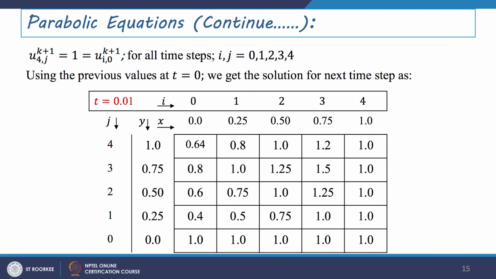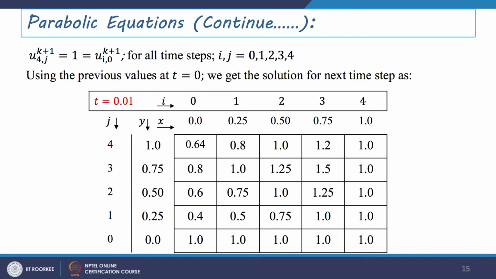So for t equals 0.01 here, since we are moving to the next time step, at the k plus 1th level we are calculating all these values. In this step, if you put all these values, then we get these values in this form here. So for different levels, this represents these values of u at t equals del t level, that is the 0.01th level.